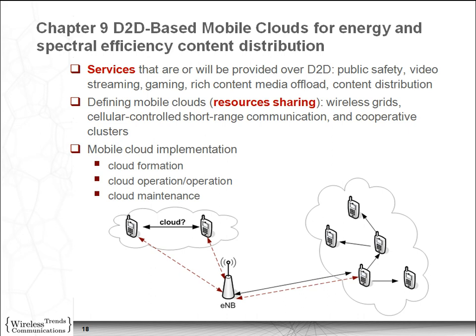So this is a very nice idea, and of course it's just a conceptual idea, because the chapter is very descriptive about how this could be implemented. And of course we have this description of the things that we need to create this mobile cloud, so we can have the formation, the operation, and how we actually maintain the cloud operating.